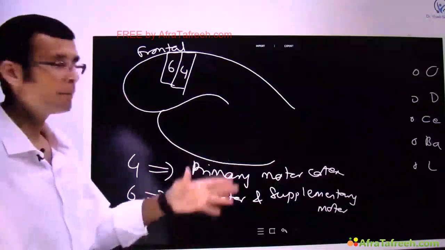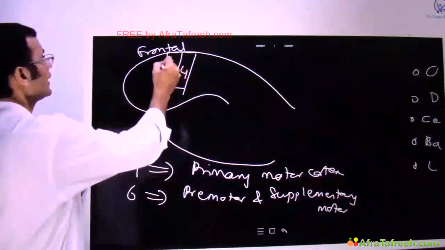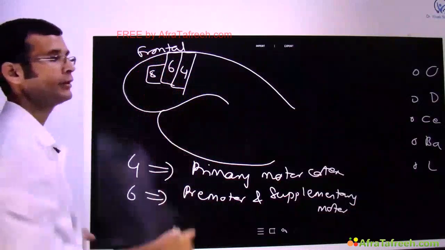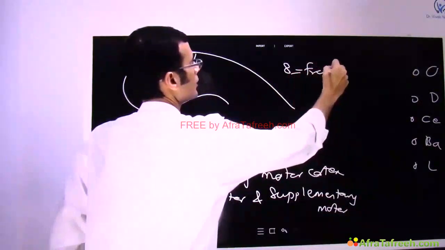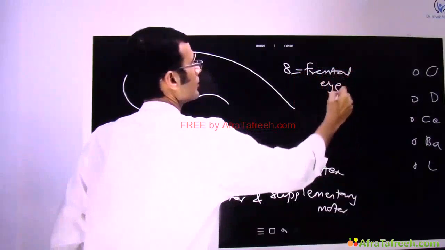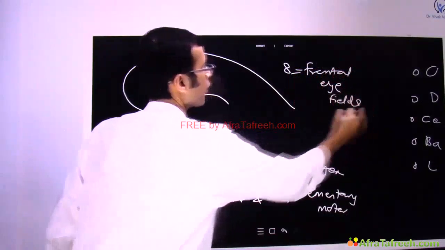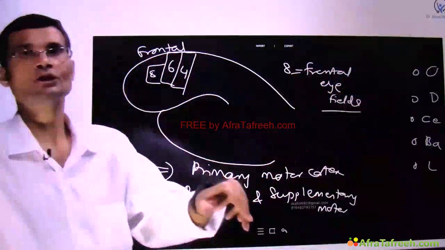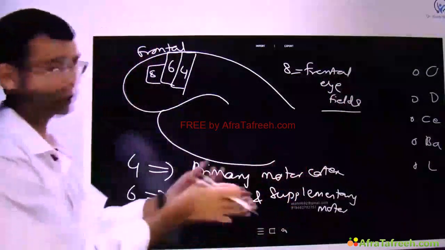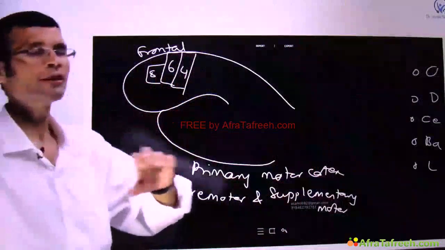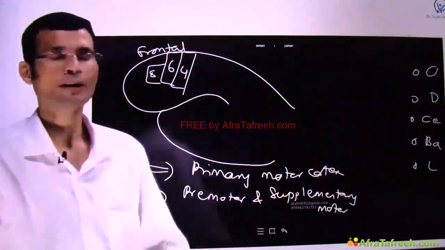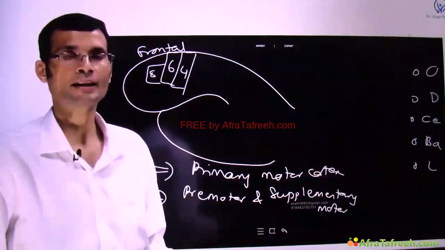Apart from that, there are some more areas in the frontal lobe, like area 8 is called as frontal eye fields. Frontal eye fields, voluntarily tracking an object which is in the field of vision, is the function of these frontal eye fields. Apart from this, since we are talking of the frontal lobe, let me just add one more point which is not actually a motor cortex area.